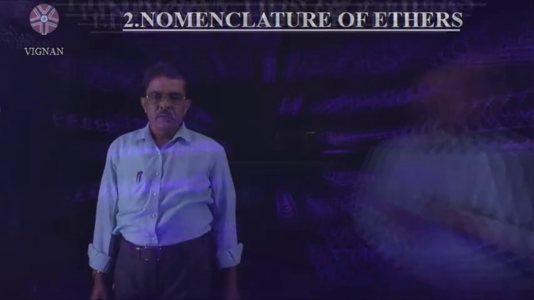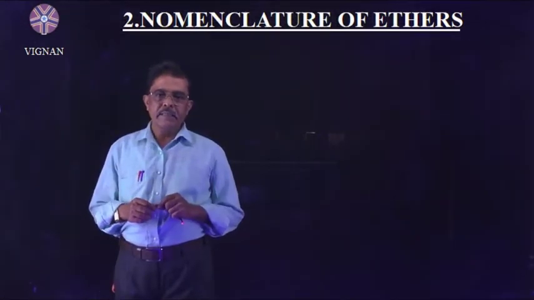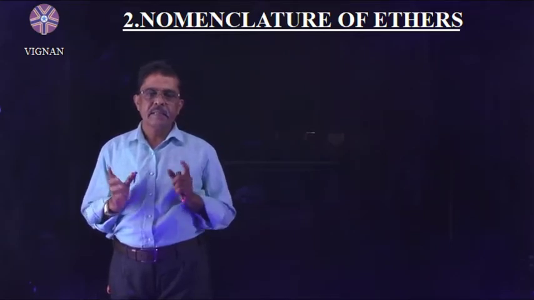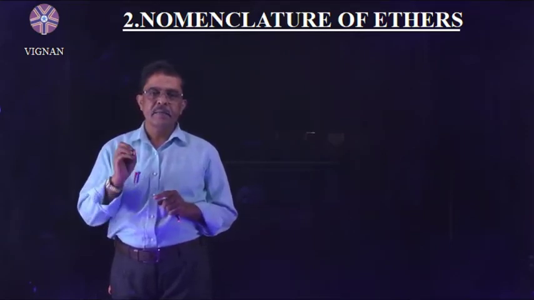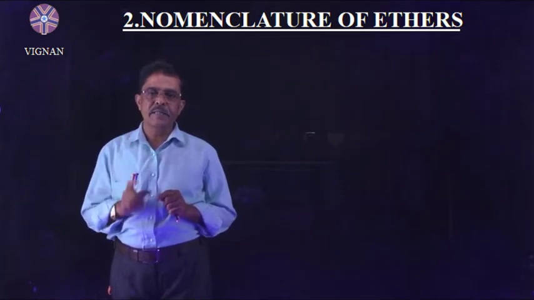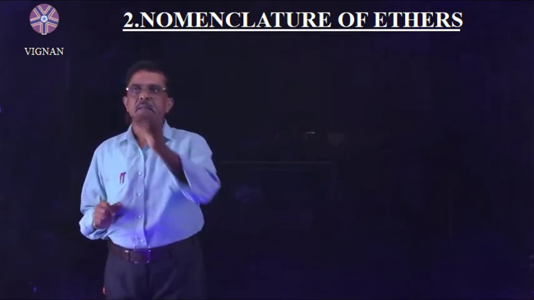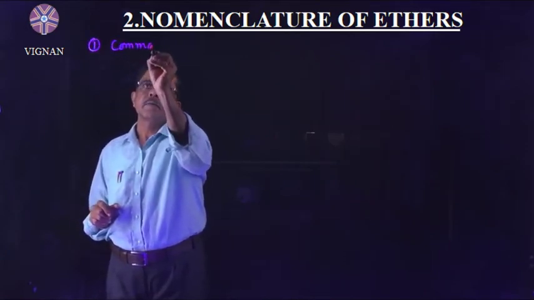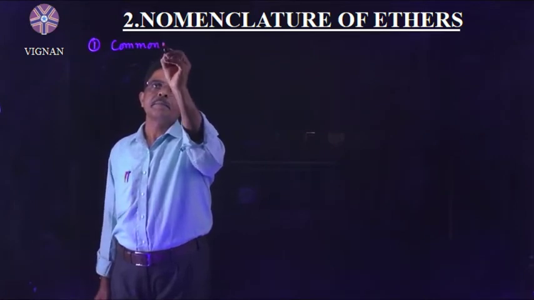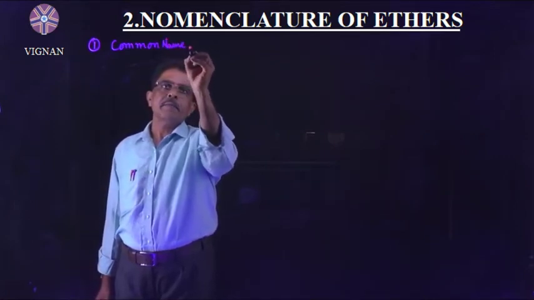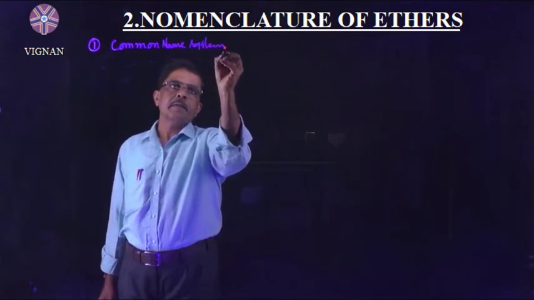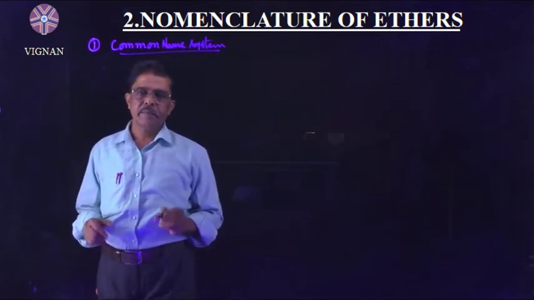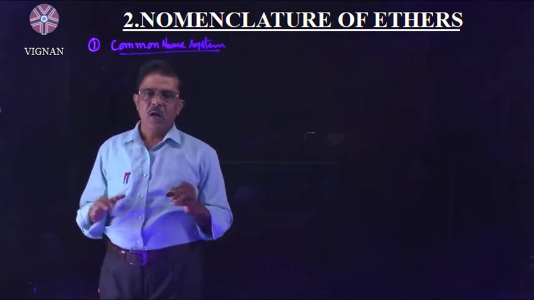Nomenclature of ethers. The nomenclature of ethers is done in two ways. Number one is the common name system. In the common name system, ethers are named as alkyl ethers.